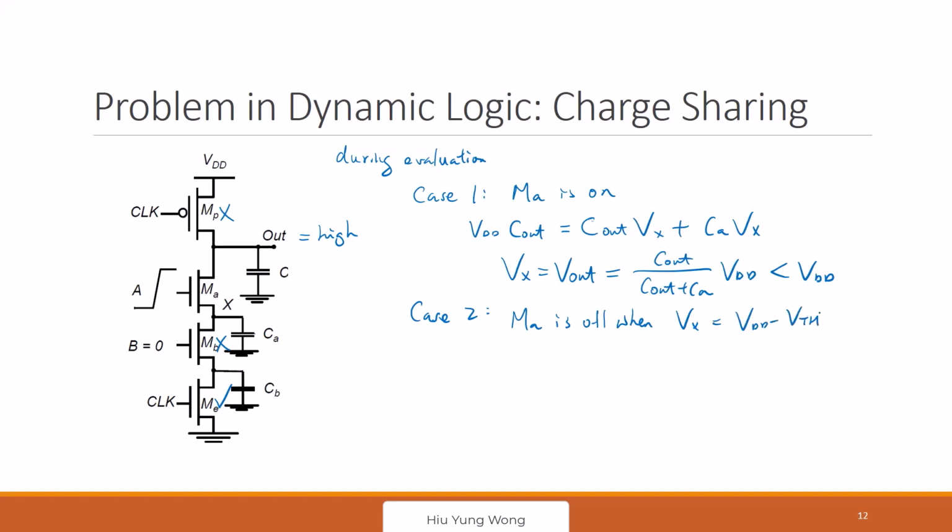Okay, so in this case, it means that then you don't have charge sharing anymore, right? But it definitely tells us that the total charge VDD original that I have is equal to Cx times VDD minus VTH.